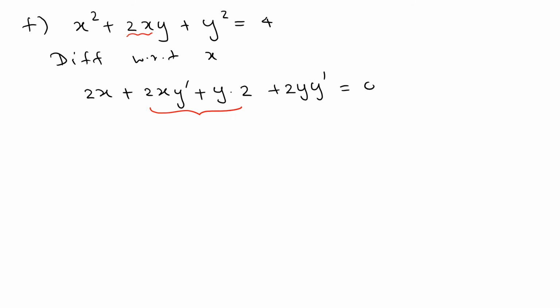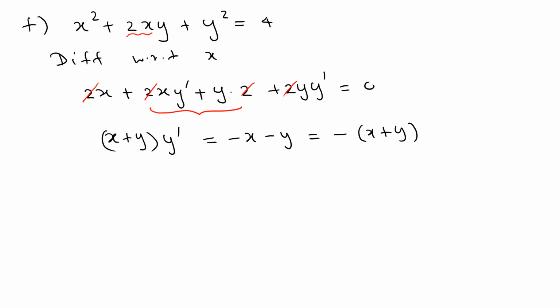What we do next is cancel the common factor, which is 2, and then combine terms with the derivative on one side and terms without the derivative on the other side. If you combine the y prime terms, you get x plus y times y prime equal to, if you move the terms without y prime to the other side, negative x and negative y. If you factor out the negative sign, it is negative times x plus y. This is interesting.